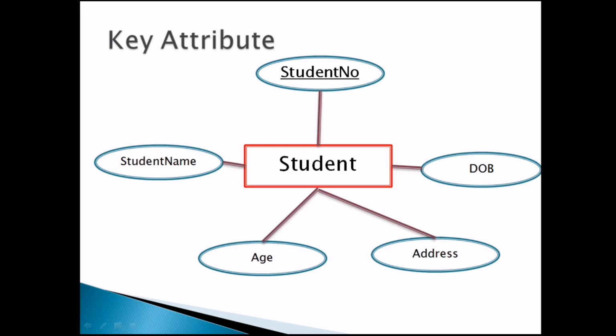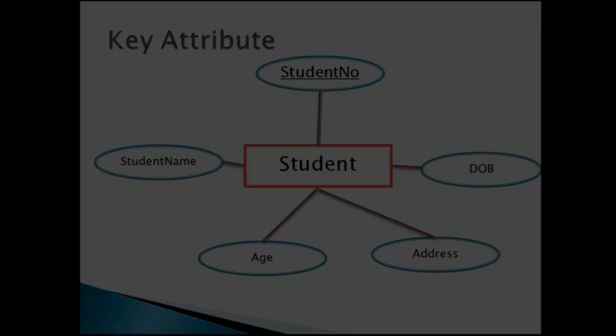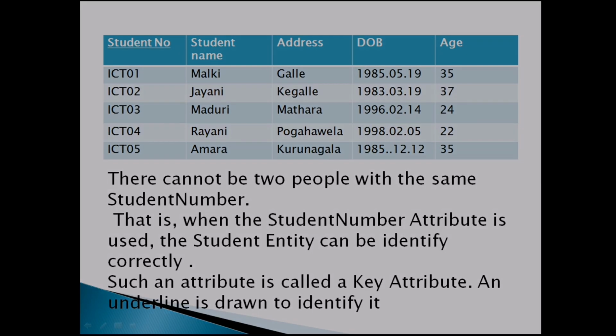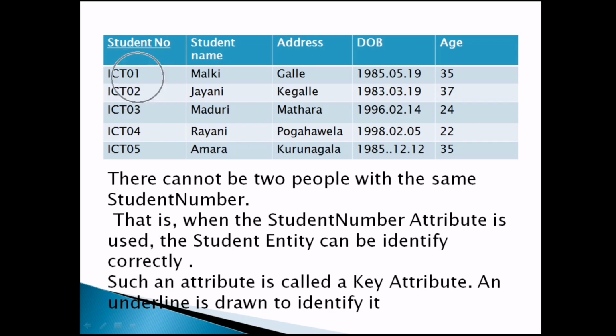First of all, you think only about the student entity. Student entity is concerned, there are many attributes. Student number, date of birth, address, age and student name. In this slide, the student entity has been taken to an attribute table. Student number ICT 01, ICT 02, ICT 03, ICT 04, ICT 05.